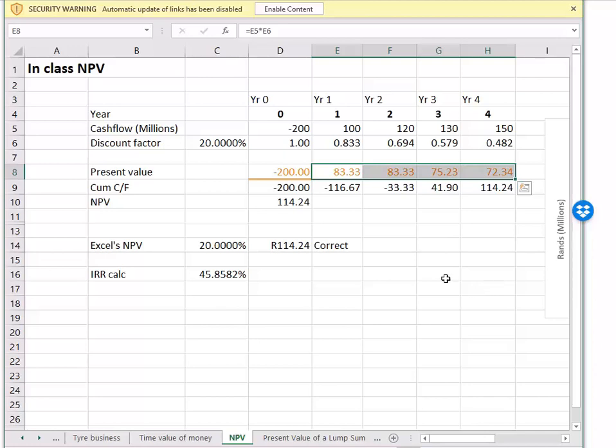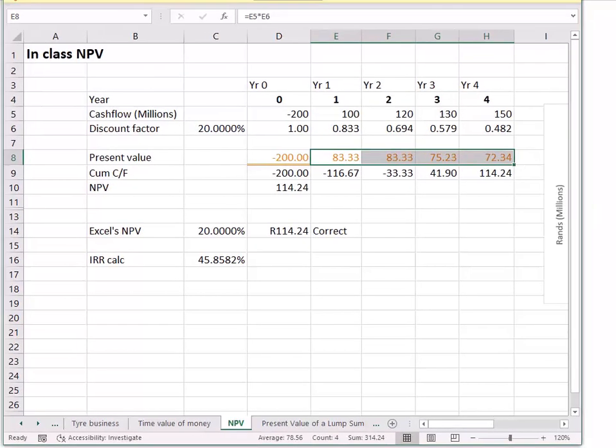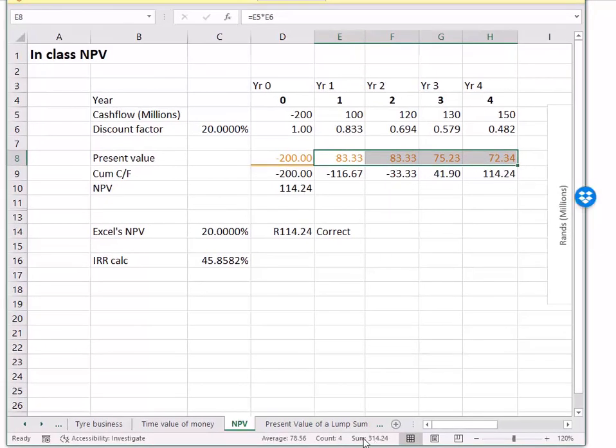Now what we're going to do is we're going to sum these. So if you look at my formula in there, it's literally doing a sum. It's saying we're starting with minus 200 and we're adding these adjusted future cash flows in order to find out what is the net present value. And because this net present value is positive, what that means is that these future cash flows, if we look at our sum down here, these future cash flows are 314.24.